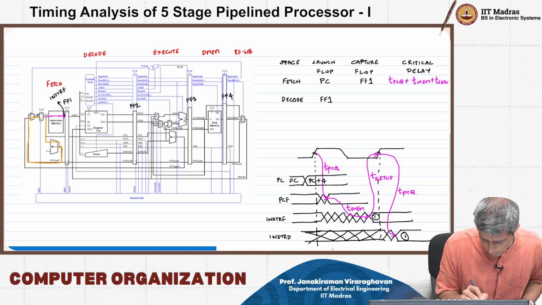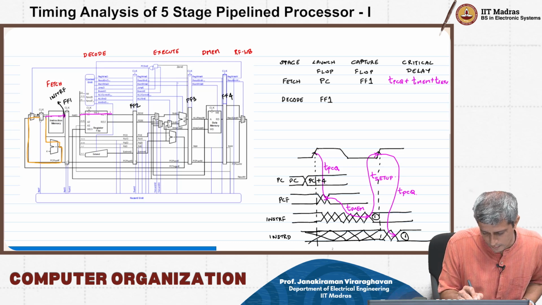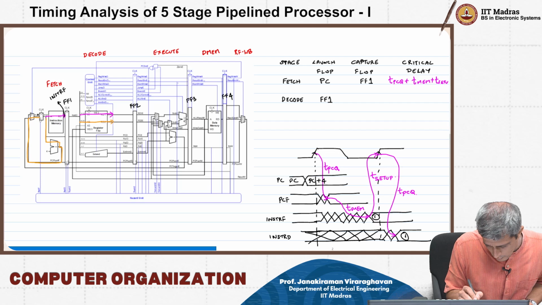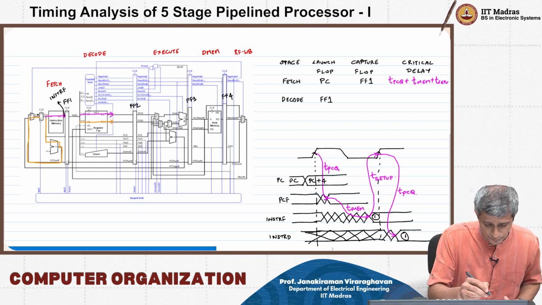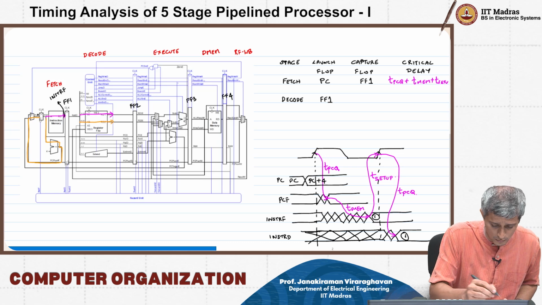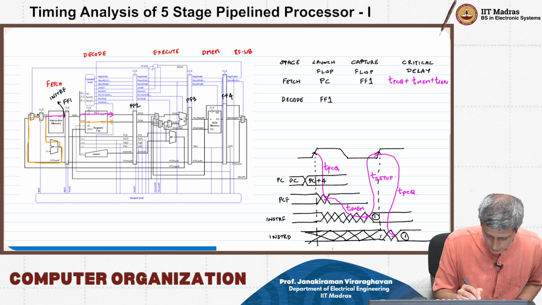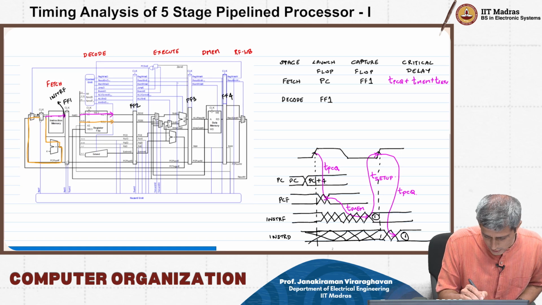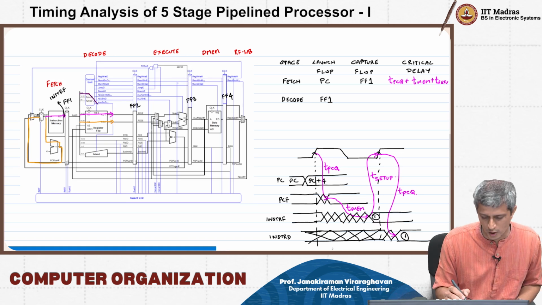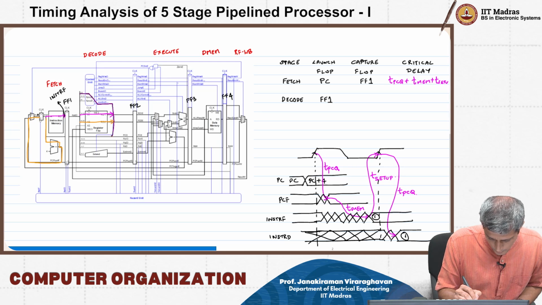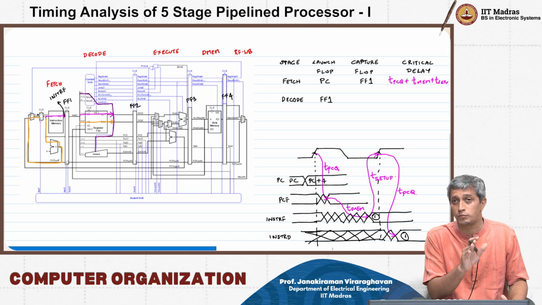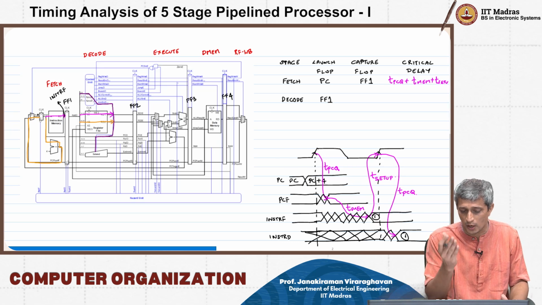Okay, so let me mark a couple of paths. First is this path, right? Then there is a second path here, then there is a third path which is going to come, let's say, through the control unit. So this will be ready T decoder after that.